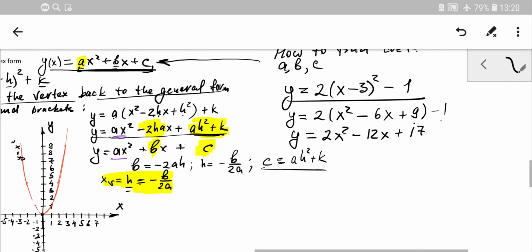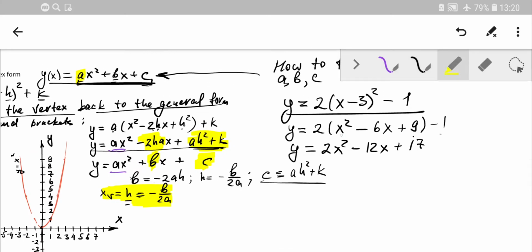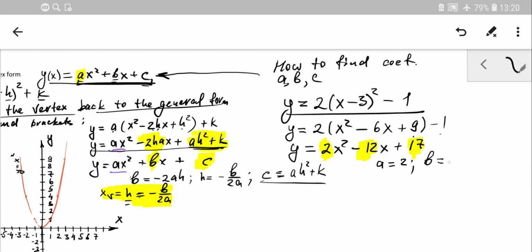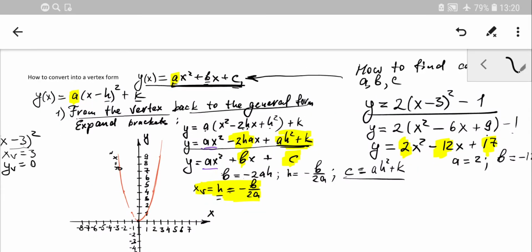Now you have evidence that coefficient a is 2, coefficient b is negative 12, and coefficient c is 17. That's exactly what you need to do. That's your general form. All right, so that's from the vertex form back to the general form.